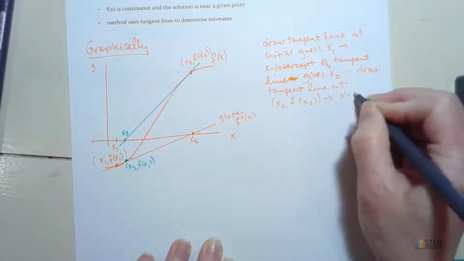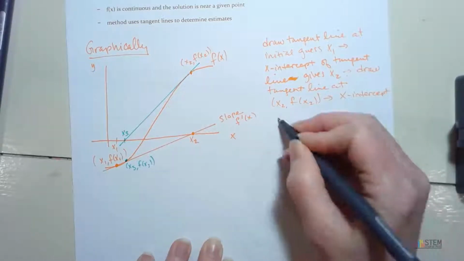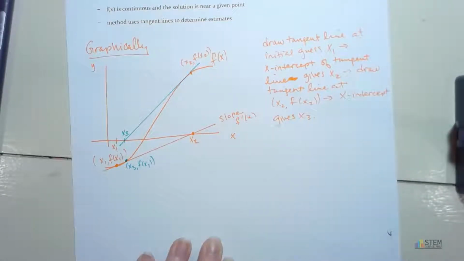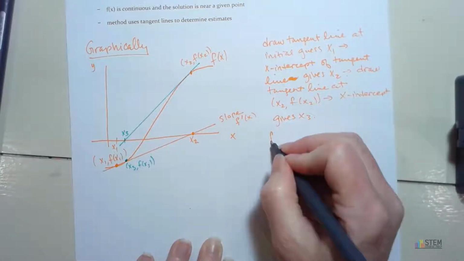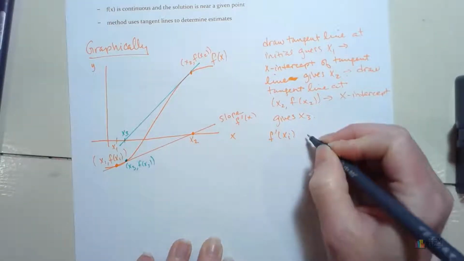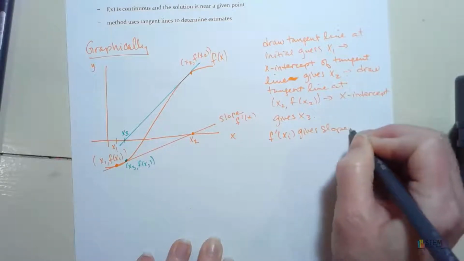And then again, the x-intercept is going to give you your next estimate, which would be x3. So that's the basic process. It's pretty straightforward, pretty simple to do. And let's remember that f prime of xi gives the slopes of the tangent lines.